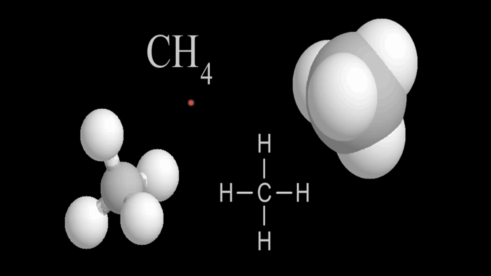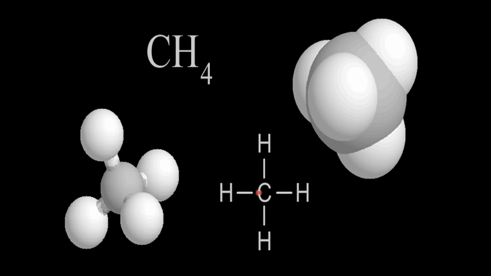Let's take another example of a covalently bonded compound like methane, which is composed of carbon and hydrogen. These are two dissimilar atoms. We know that the carbon atom needs four electrons to complete its octet, so it can make four covalent bonds. Here this one is the carbon atom.